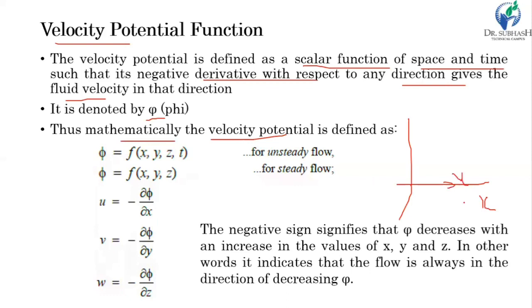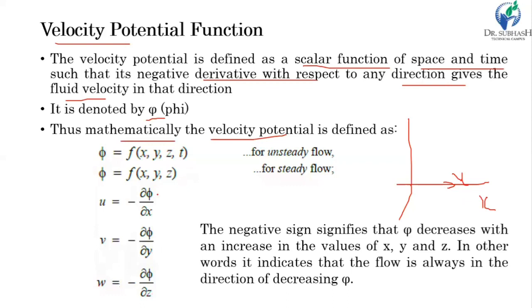Then the negative derivative of this potential function with respect to any direction will give you the velocity in this direction. So u is equal to negative of del phi by del x, and similarly v is equal to negative of del phi by del y and w is equal to negative of del phi by del z.